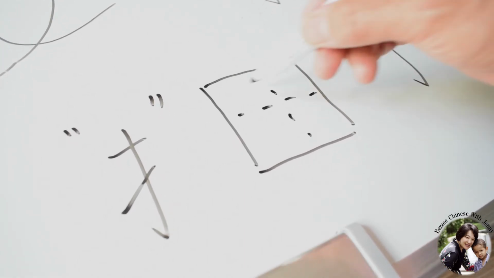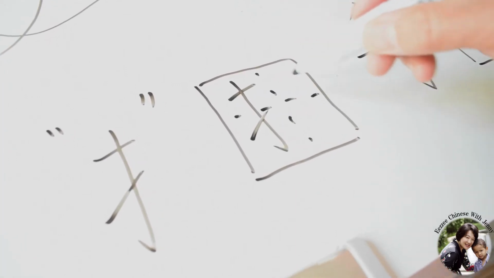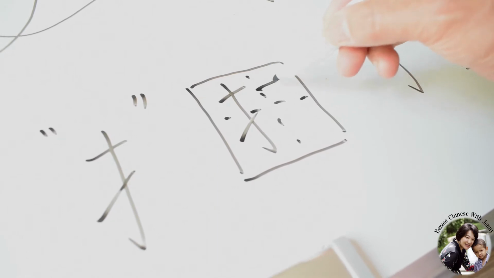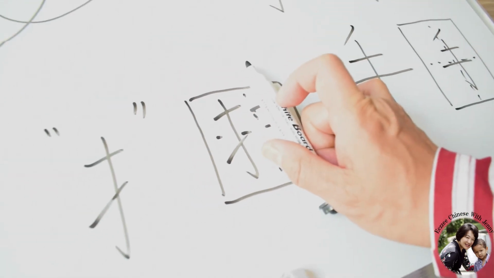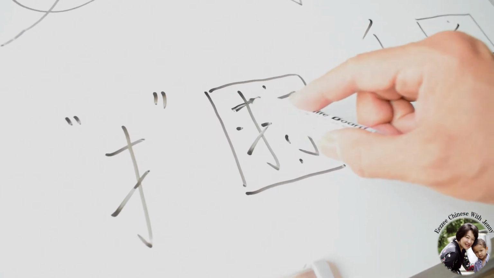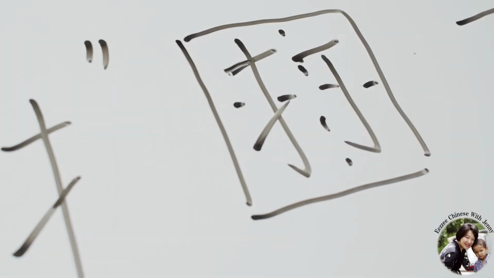Let me write it. Normally, on the left side of the character, you write it first, second, third. If I put another part, this word means you beat someone. 打, we will learn it later in detail, but remember this part of a word, the action is mostly conducted by your hands.